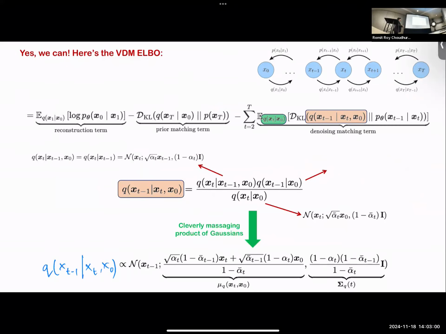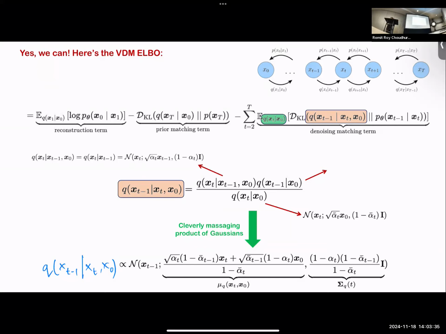Now, if we look at this equation, it's a Gaussian times a Gaussian divided by a Gaussian. If I'm not giving any assumptions, this probability is not guaranteed to be anything. But under some constraints, one of which is that your covariance matrix is always diagonal, because it's an identity matrix times a scalar, this can be a Gaussian.